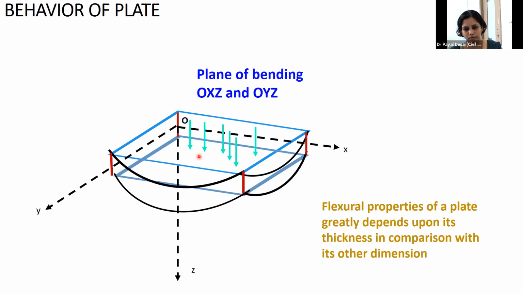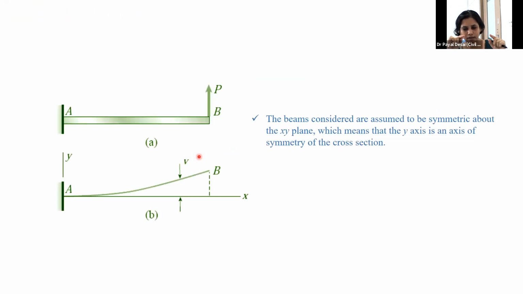Now, the purpose of this slide is to show you that it has two-way bending. Just like a beam has one-way bending, I have the slide showing how a beam bends. This is the x-axis of the beam, and when it bends, you can see the symmetry line of the beam.